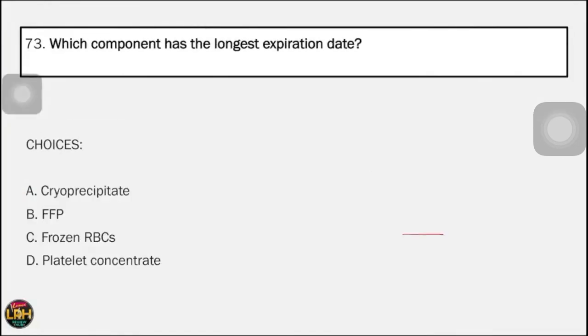Number 73, which component has the longest expiration date? A. Cryoprecipitate, B. FFP, C. Frozen red blood cells, or letter D. Platelet concentrate.